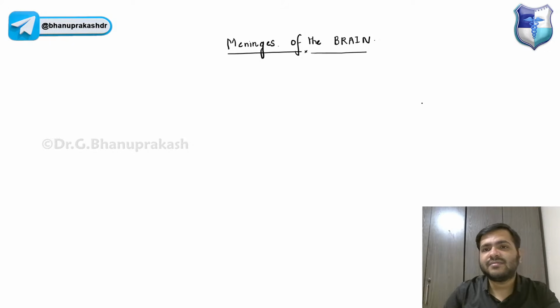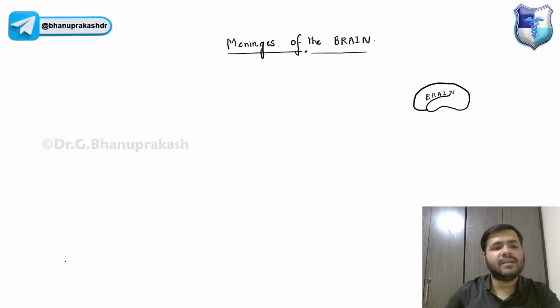Let us suppose this is the brain, and this brain is covered by three membranes from outside to inside. The membrane which is closely attached to the brain is called the pia mater.